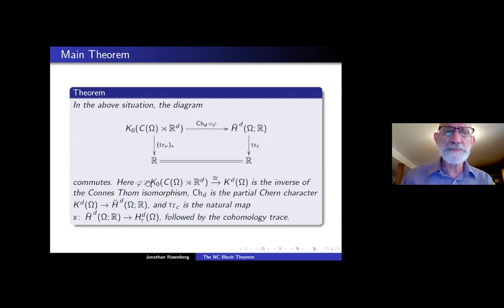So this is the map from K theory of the crossed product to K theory of omega. Omega, remember, is just a space, so this is just ordinary topological K theory. And then you can apply the top degree part of the Chern character, which sends K theory to cohomology. That's what the ch sub D is. We've called it the partial Chern character because the Chern character really has components in many different degrees, and we're only interested in the component in top degree.